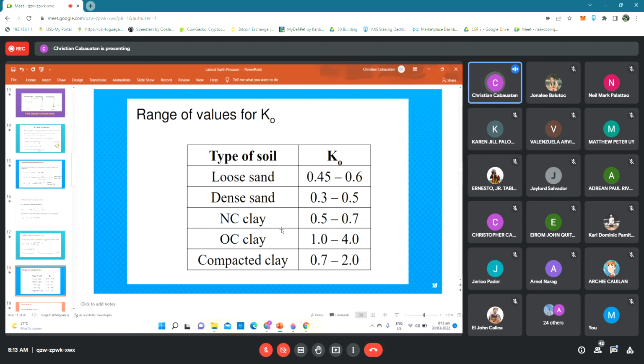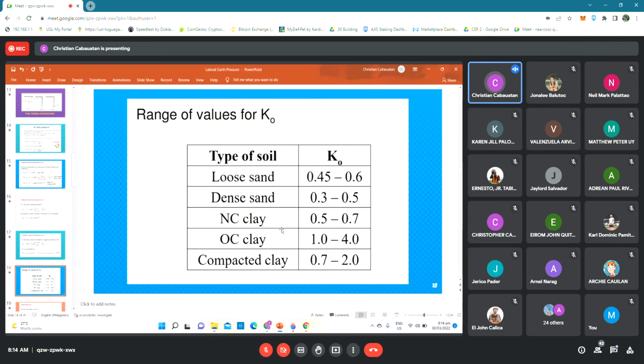So for the meantime, if your soil is a loose sand, the range is from 0.45 to 0.6. If your soil is dense, the range is from 0.3 to 0.5. And in normally consolidated clay, the range is 0.5 to 0.7.